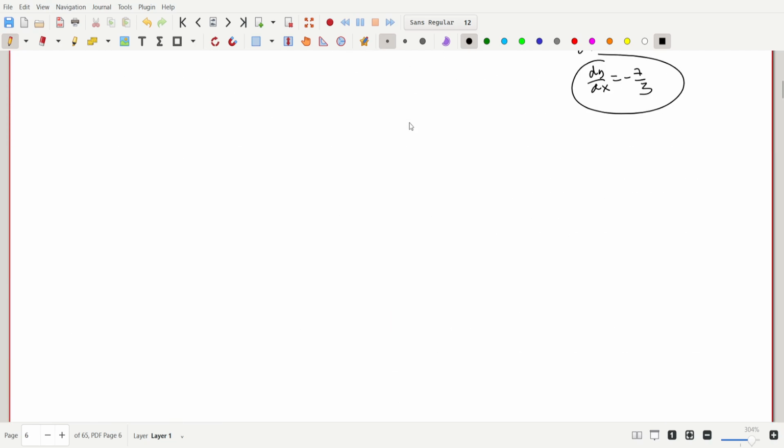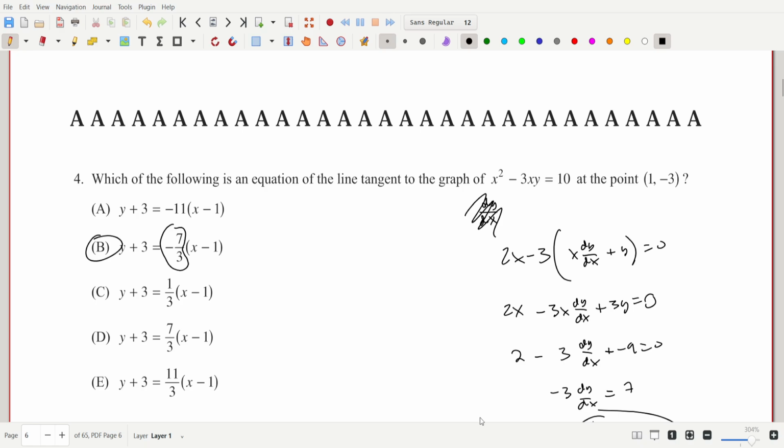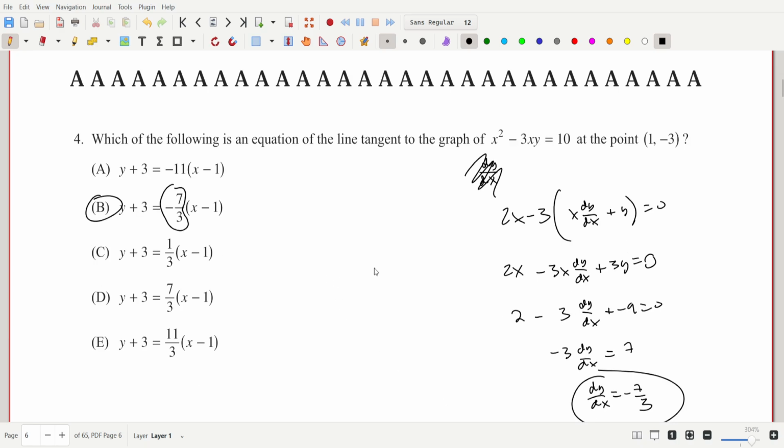It's a good time to realize how you made mistakes. So apparently I did this one wrong. Let's just go through it more slowly. Line tangent to the graph. Yeah, it was not B. Line tangent to the graph of x squared. So this is incorrect. Let's do it again.